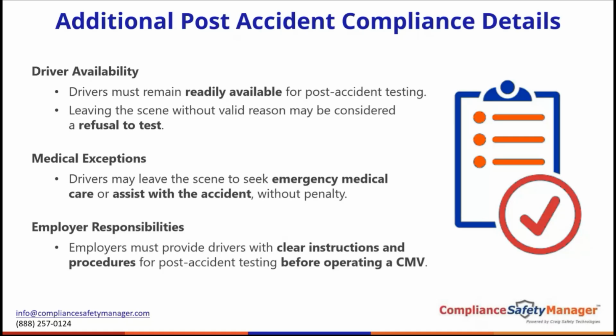Finally, you as the employer must make sure your drivers understand what their responsibilities are in the event of an accident and what procedures you want them to follow. There are a number of ways that this can be addressed. Of course, you can do it through the required employee training on drug and alcohol use. Also, putting written instructions in the driver's cab is a good way to help ensure procedures are followed properly every time.